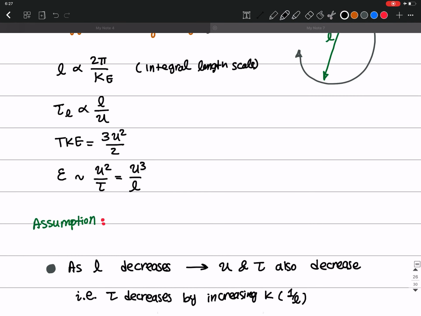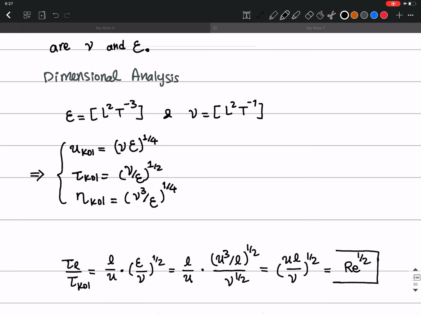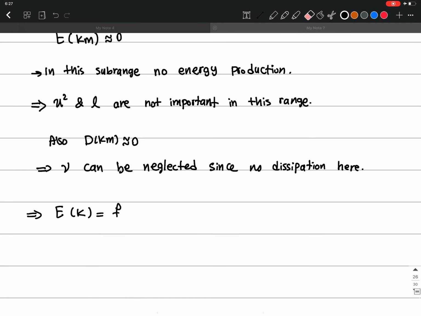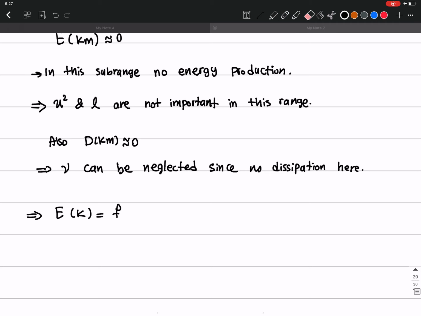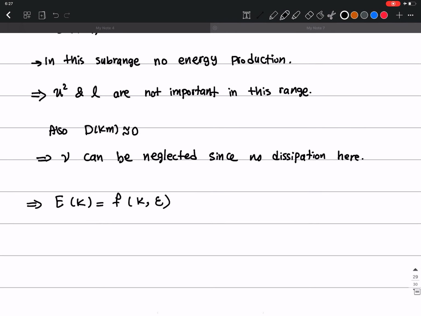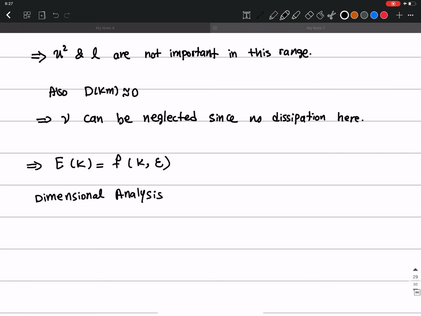Here, for example, we had u, l, and here we had nu, epsilon, but here we don't have dissipation. Dissipation is not that important in this range. The only important things that remain are k, the wave number, and epsilon, the energy dissipation rate. Now, based on this, we can do a dimensional analysis to find the dependence of the energy spectrum on k and epsilon.